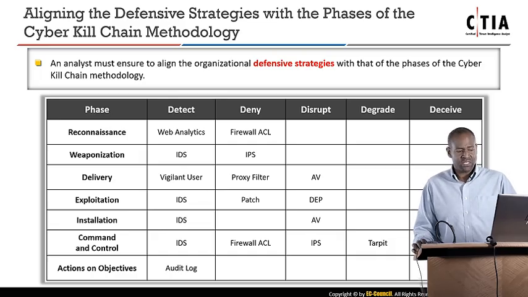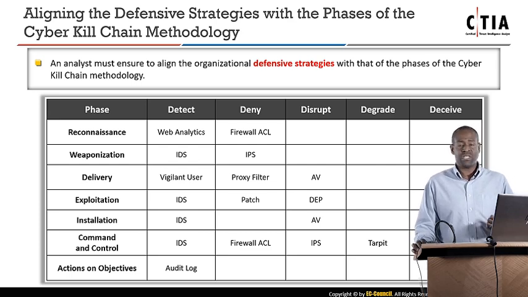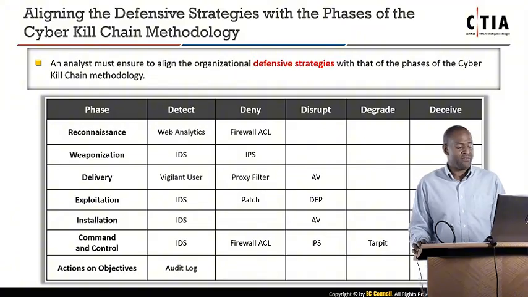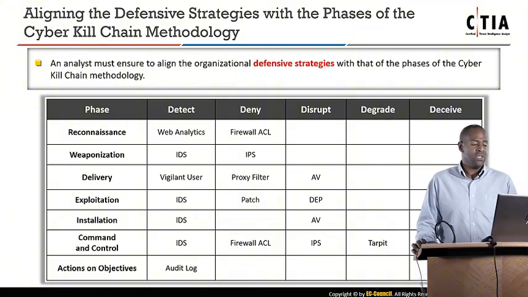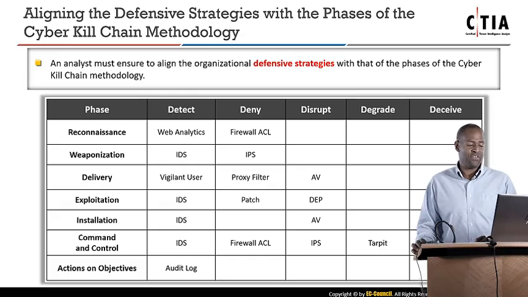So let's look at the phases, and then we're going to look at some of our defensive strategies. So the phases that we have, again, are reconnaissance, weaponization, delivery, exploitation, installation, command and control, and then we have actions and objectives. So we have detection that we can do on all of these phases.